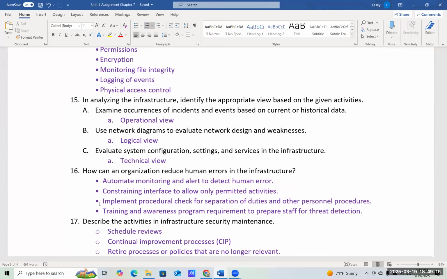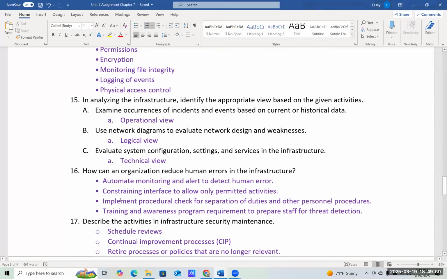I want another staff member to check their work for accounts payable. They would pay invoices to companies that are partnering with us, but not the paycheck. The paycheck part is usually contracted out. That's external. A lot of companies do this to prevent fraud. So you want to implement procedural checks and separation of duties to make sure that you're protecting your assets, your people, and your money.